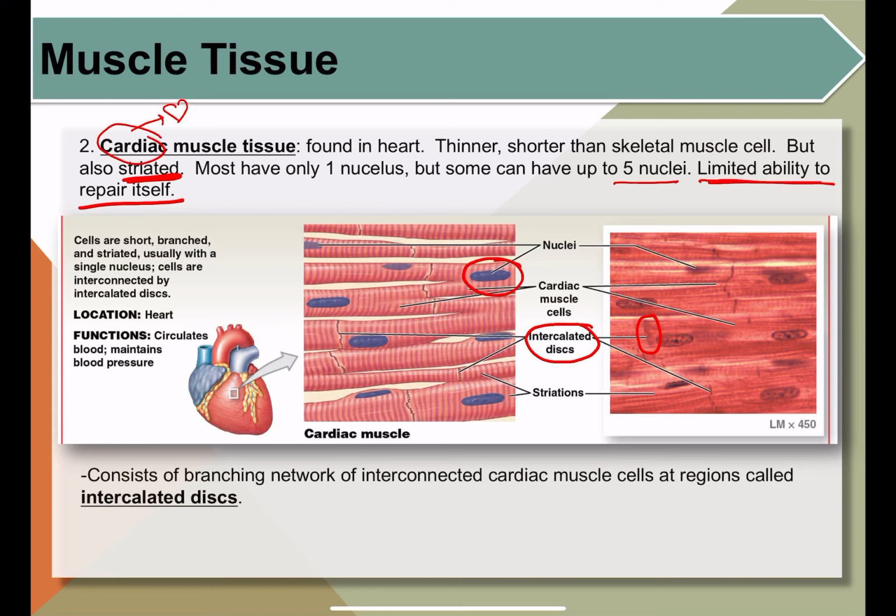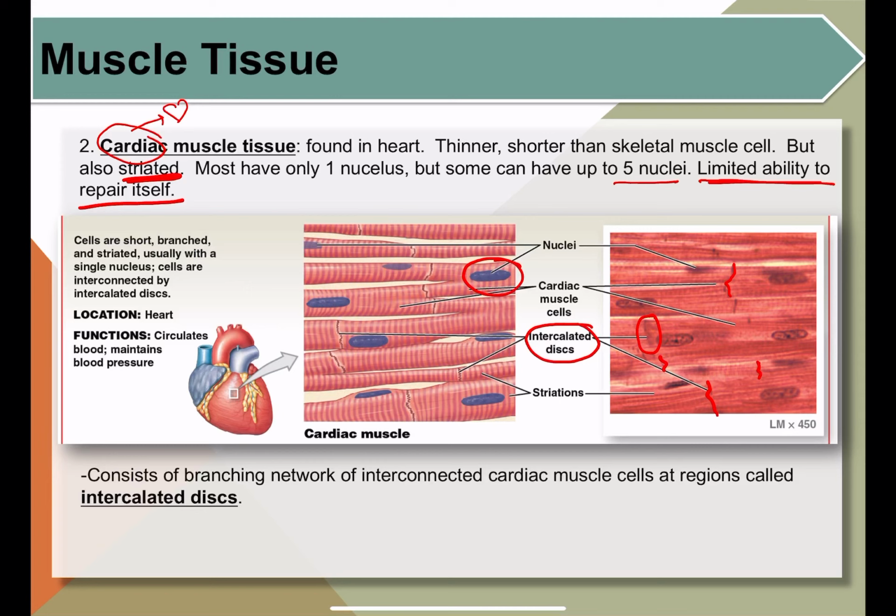tissue compared with skeletal muscle tissue. Skeletal muscle tissue does not have intercalated discs, and they're very obvious vertical lines like this that separate cardiac cells. These intercalated discs result from that connection we were talking about, intercellular connections, gap junctions, when we were talking about epithelial cells.